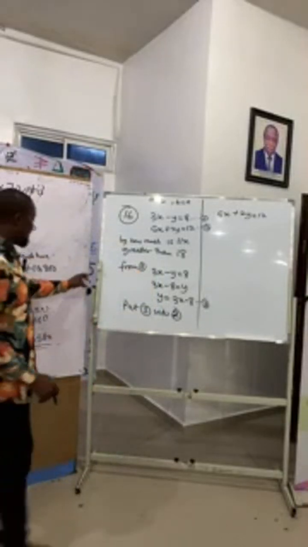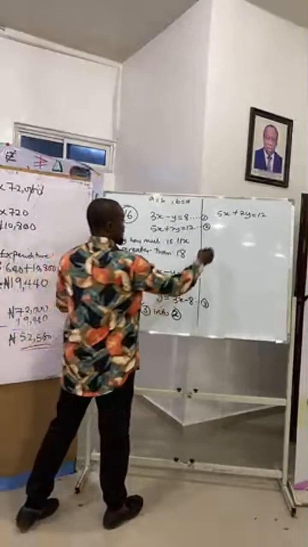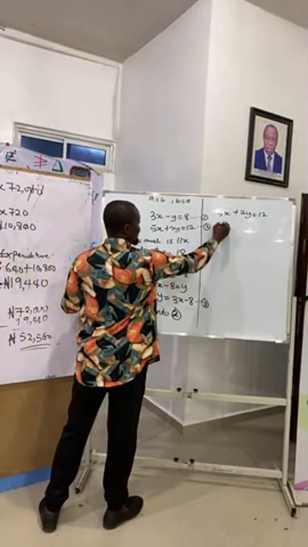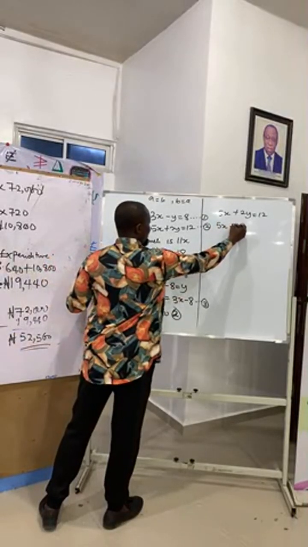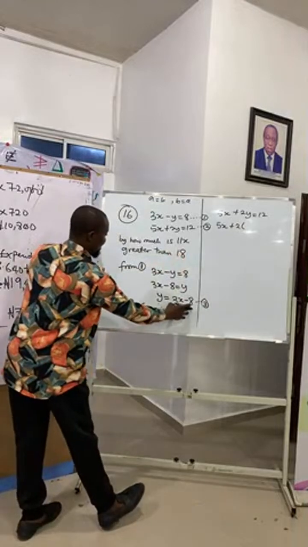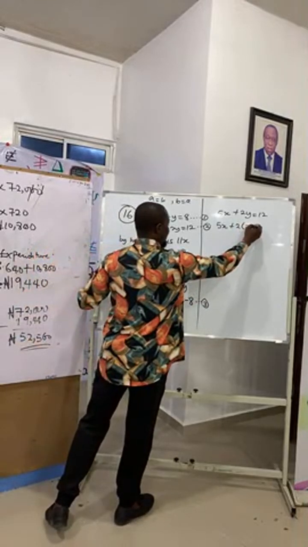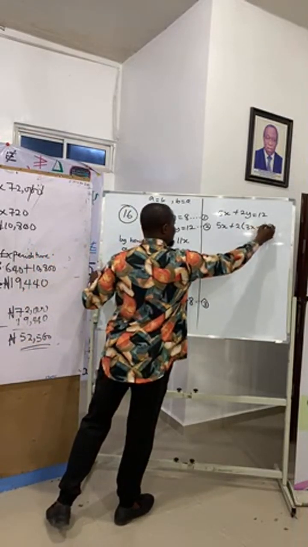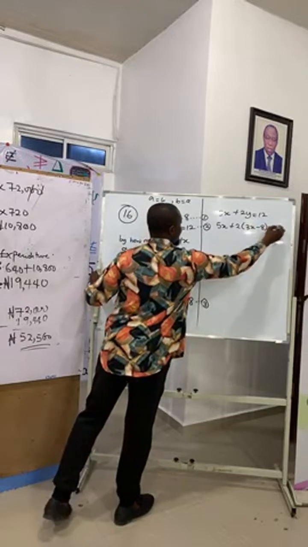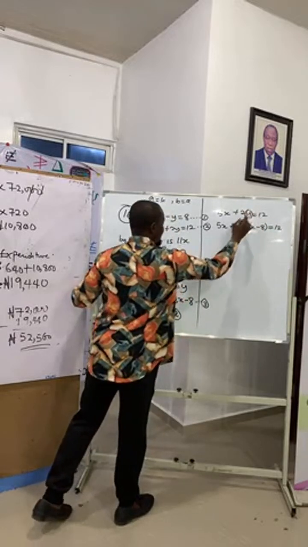So from that, we see 5x plus 2 times y, which is 3x minus 8, equals 12. I replace this value of y with what I have here.